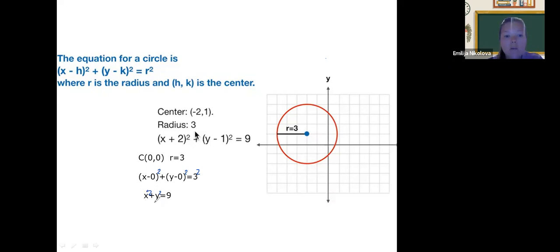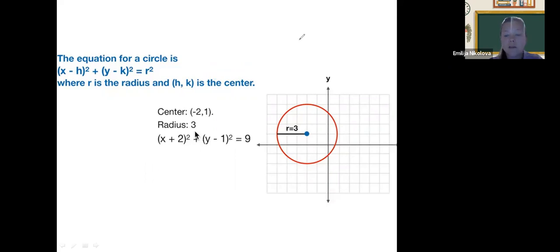So we get the formula x squared plus y squared equals r squared, the radius squared. This is really important when the circle is exactly at the coordinate origin, where x and y intersect. So here is the center of the circle. Okay.